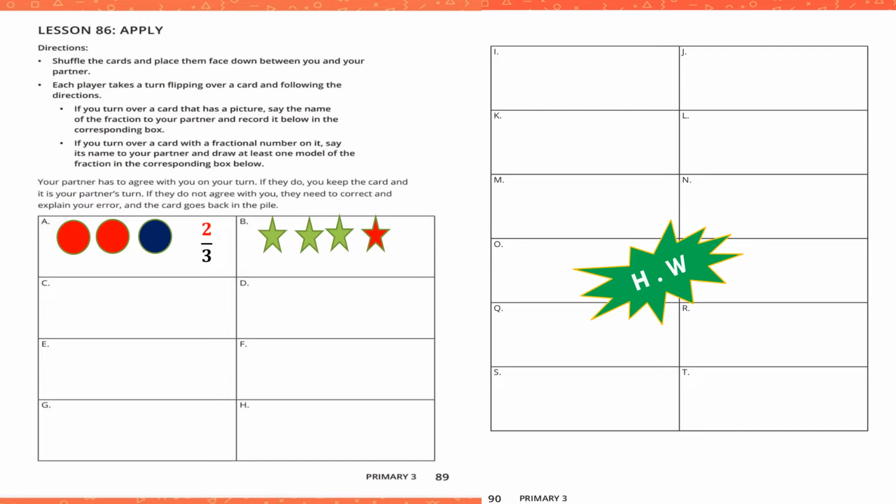All of the stars are 4. So the fraction here is 3 green out of the total 4, 3/4. You can complete other examples the same way as homework, by drawing any shapes and finding their fractions.